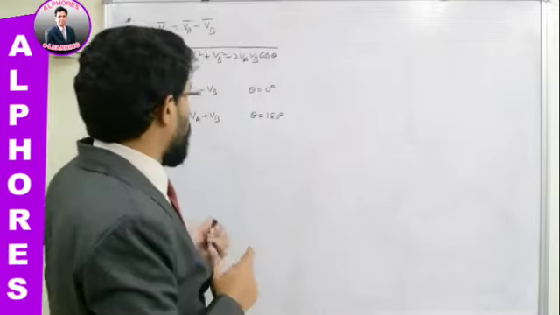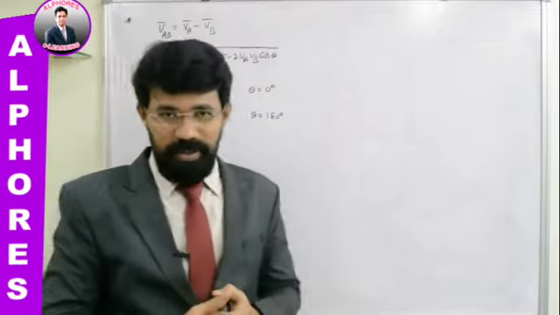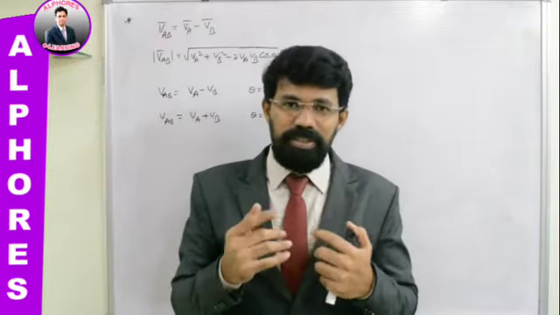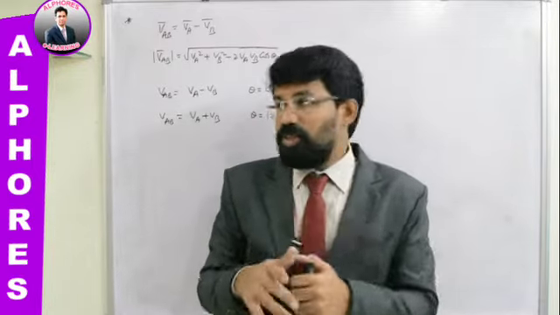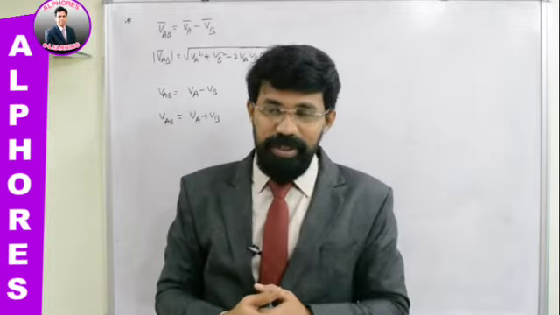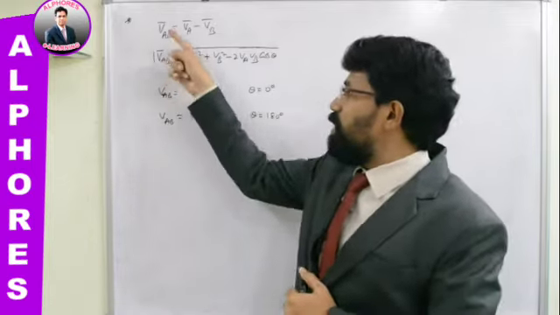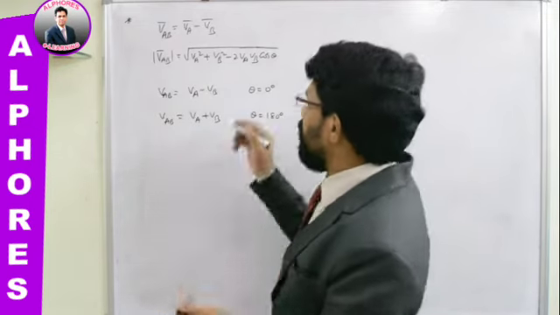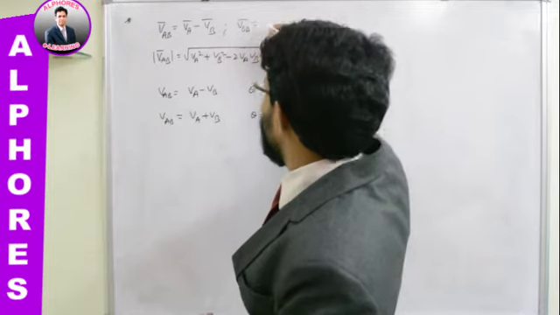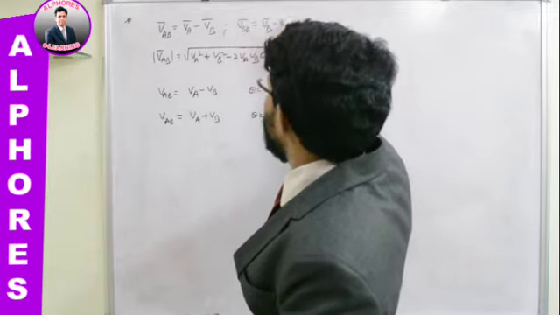Even here, objects can move at some angle with each other, such as 45 degrees, 30 degrees or 60 degrees. In that situation also you can talk about the relative velocity of A with respect to B. If you write VBA bar, it is written as VB bar minus VA bar.